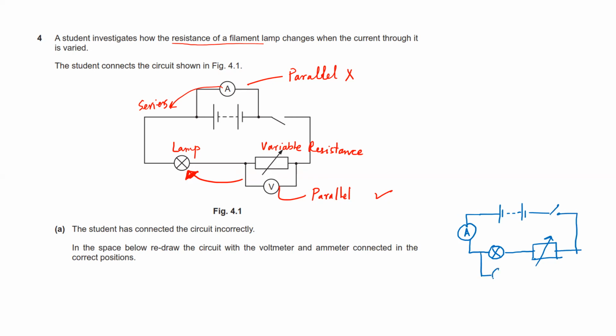And a voltmeter here will give me the value across the lamp. So the correct circuit would look something like this. The voltmeter in parallel across the lamp will give you the voltage across the lamp. The ammeter in series will give you the value of current passing through the lamp. And if you have the value of voltage and current across the lamp, you will easily find the resistance. So remember, resistance equals V by I, using Ohm's law.